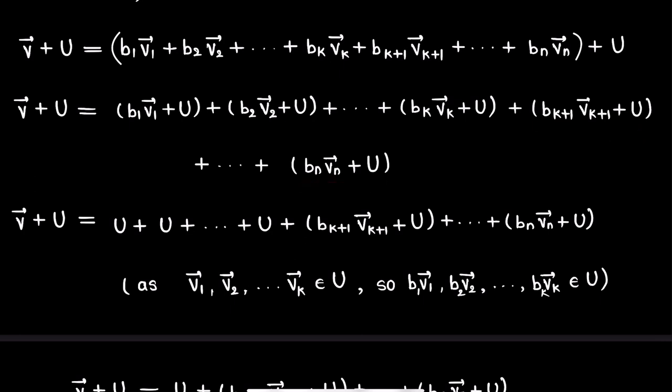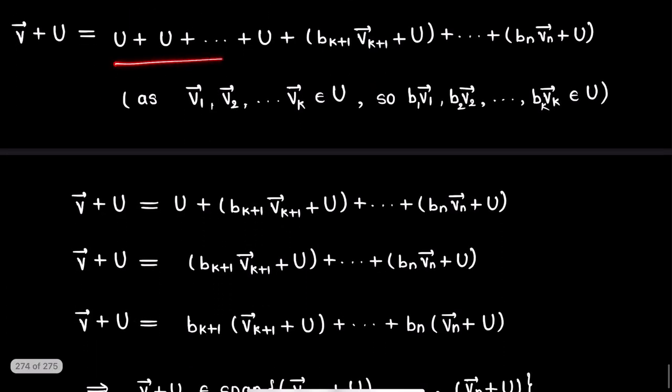Now note that these K vectors v1, v2, up to vk are vectors in the subspace U. So their scalar multiples b1 v1, b2 v2, up to bk vk are also vectors in subspace U. So these first K cosets get simplified to subspace U. So we get this expression.